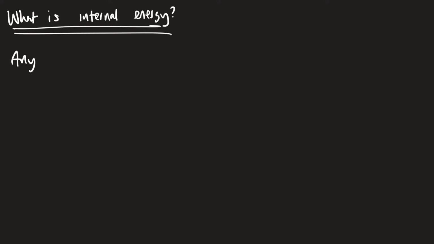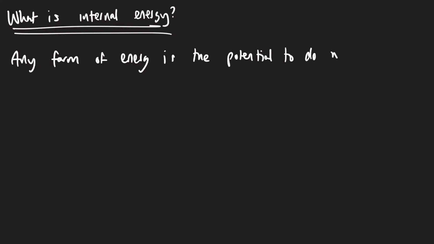So think about what energy is. Any form of energy, I said it a little bit earlier, is the potential to do work. We can think about this being stored work.